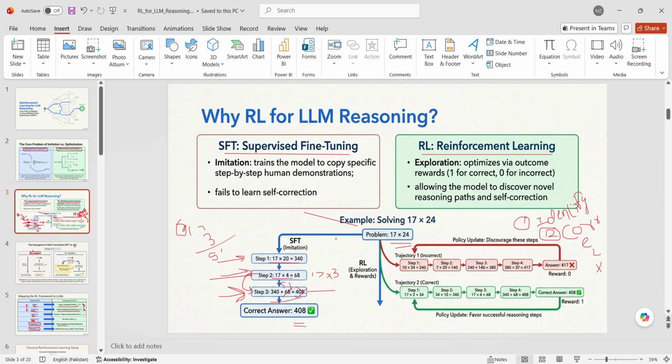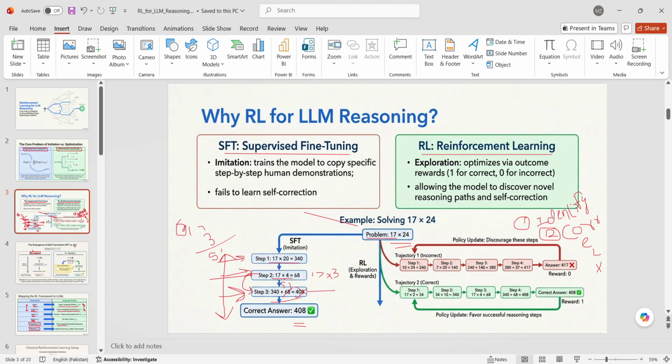So for example, in this scenario, we provided this prompt and this response. This is the ideal response, and when it is trained over hundreds and thousands of examples for any given math problem, it is going to try to solve it in a step-by-step fashion. It might correctly solve it, it might not.